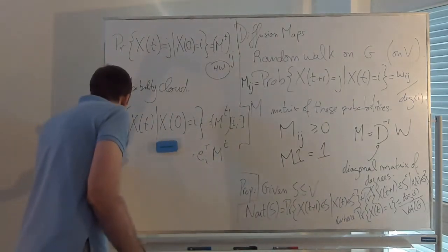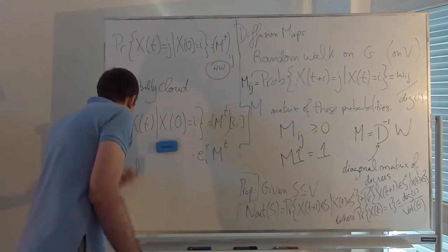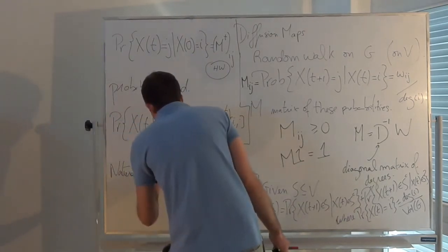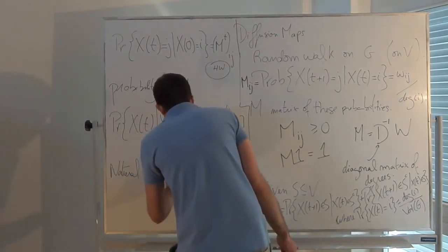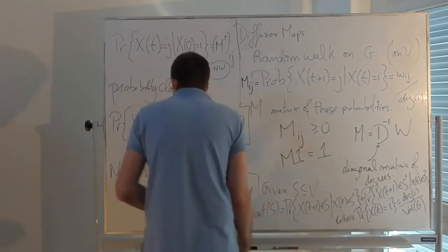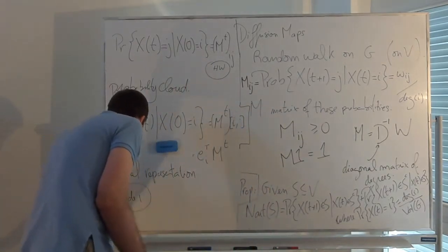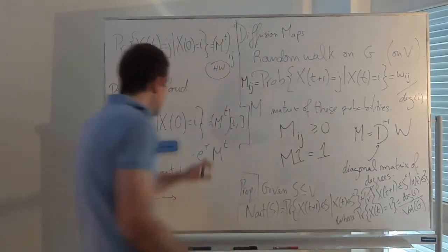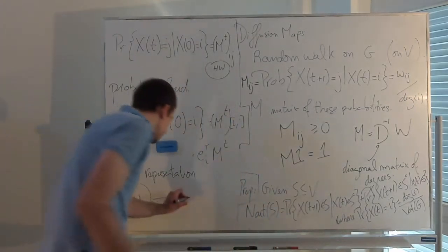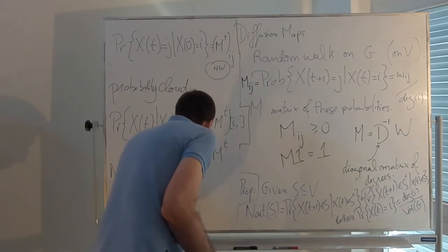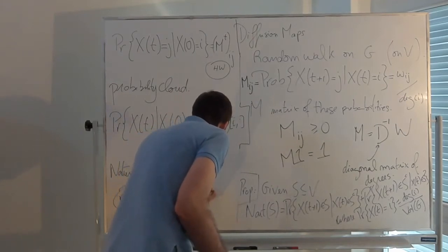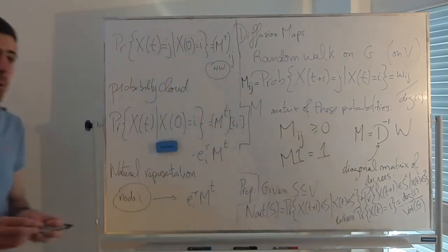Then a natural representation is just to take node i and represent node i as exactly this vector. This would be a natural representation.